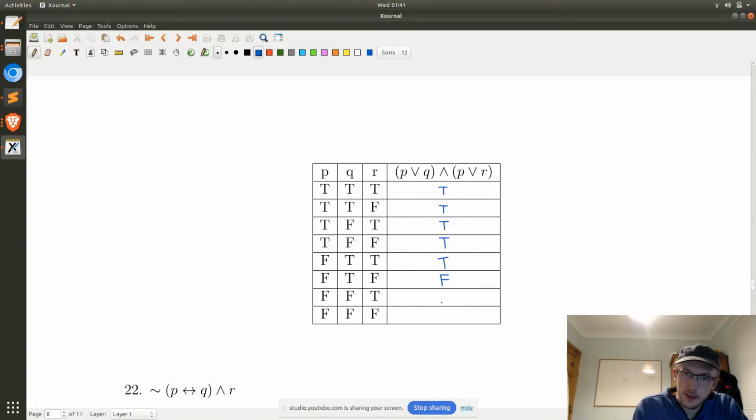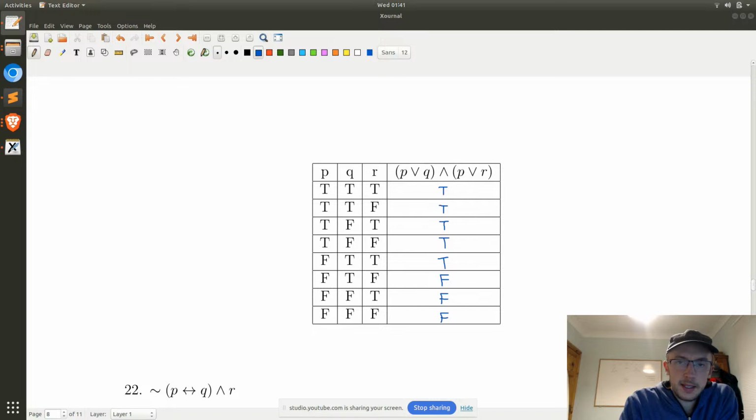False on the left, false, clearly false. Okay, so the compound statement is P or Q and P or R.